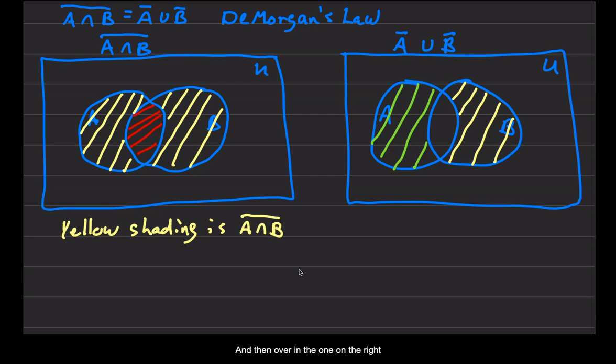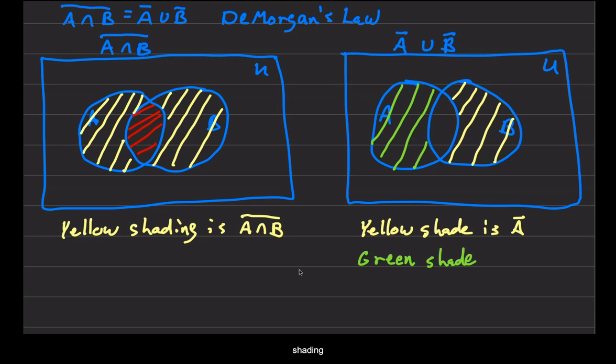And then over on the one on the right, the yellow shading is the A complement, and the green shade is the B complement.